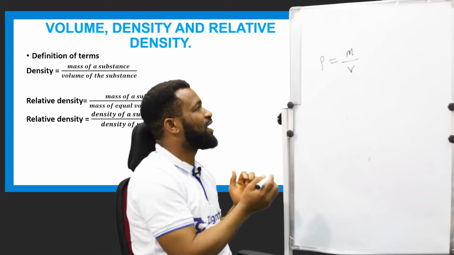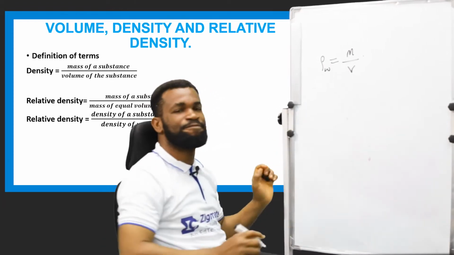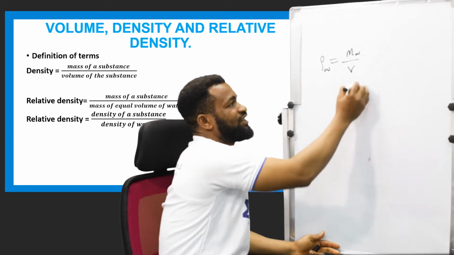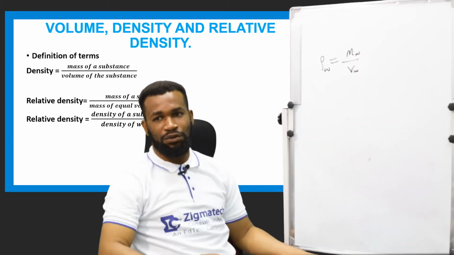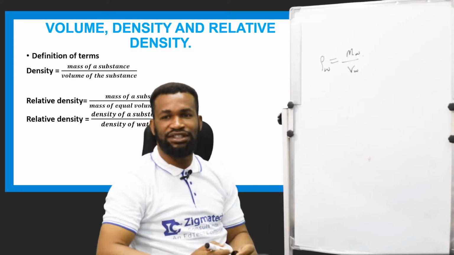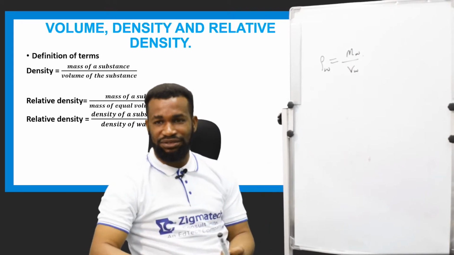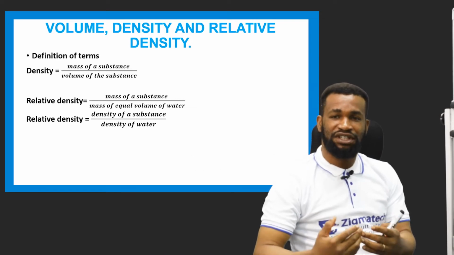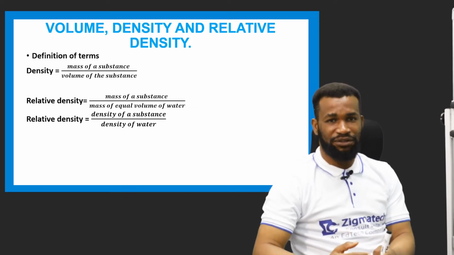So if you are talking about the density of water, we are going to look at the mass of water and then the volume of the water. So that is what density is all about. And it's also written on the screen: the mass of a substance and the unit volume of the substance.